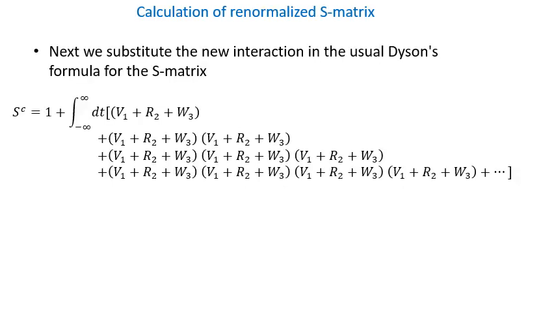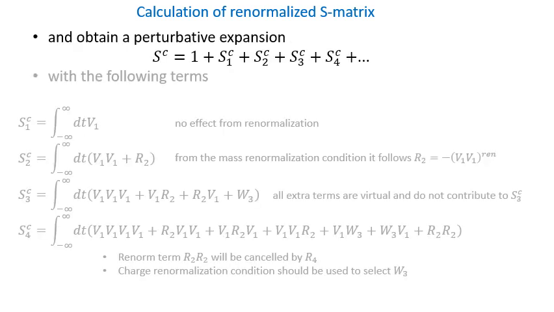Next, we substitute the new interaction in the usual Dyson's formula in order to obtain the S matrix. Then we collect together terms of the same order and obtain the following series. Here the first order term remains the same as before renormalization, so it is equal to 0.